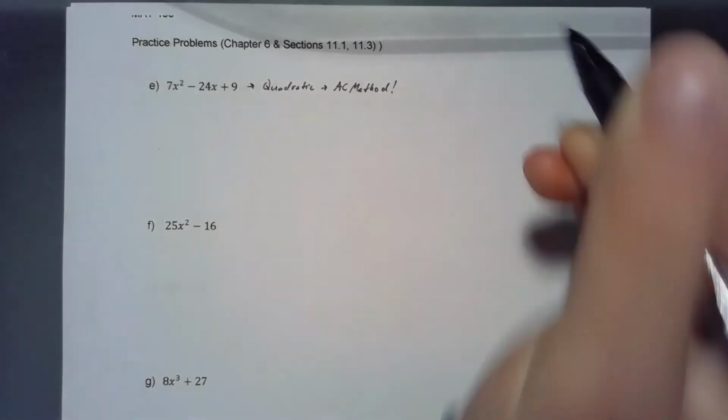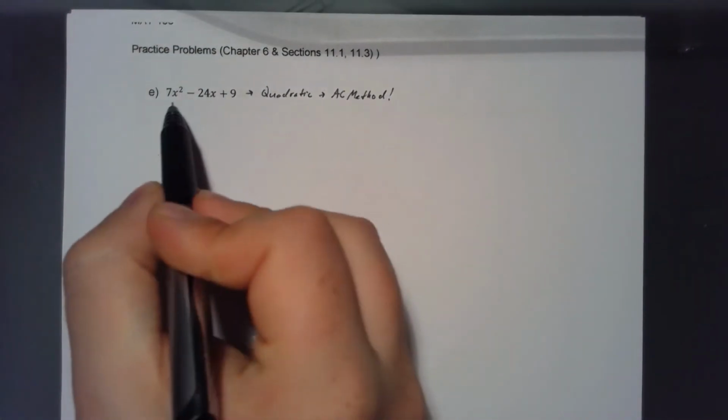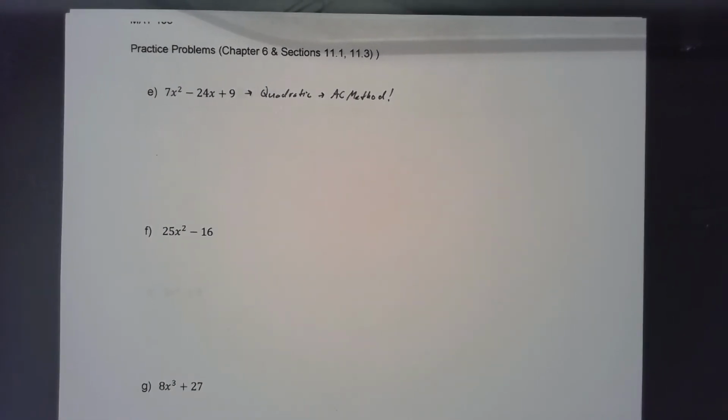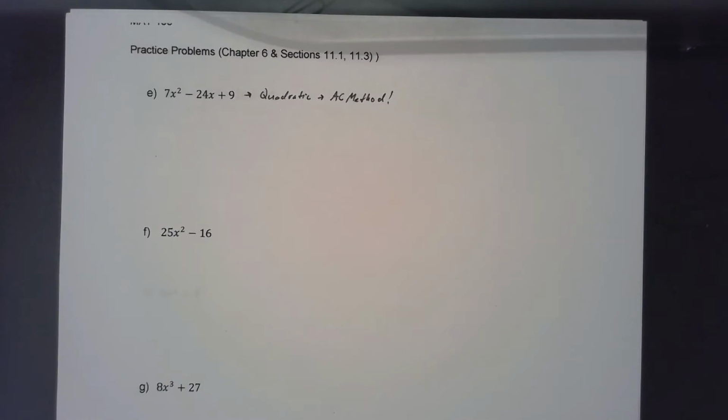Now, if I look at the values of A, B, and C here, they are kind of big. But the good thing is that the number 7 is a prime number, so the only factors of 7 are 1 and 7.